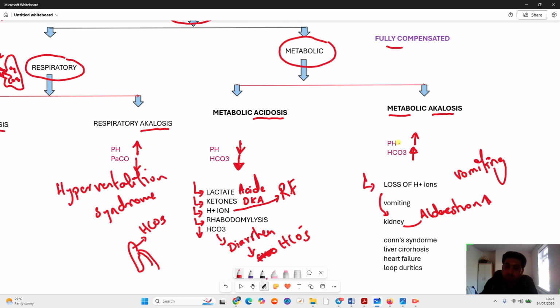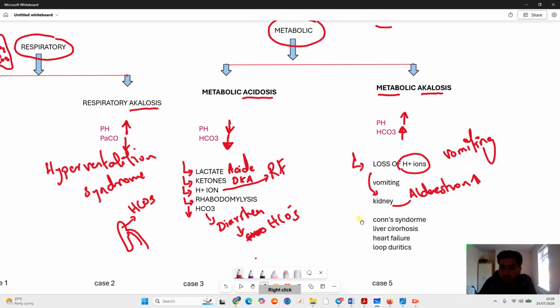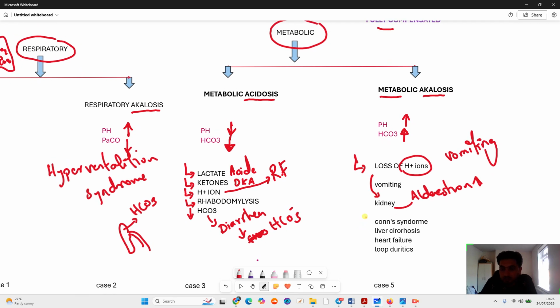When more aldosterone is produced, the hydrogen will be excreted by the kidney and the hydrogen level will go down and metabolic alkalosis will happen. What are those conditions? Conn's syndrome, or we say primary hyperaldosteronism. In Conn's syndrome, more aldosterone will be produced and due to that, more hydrogen will be excreted by the kidney.